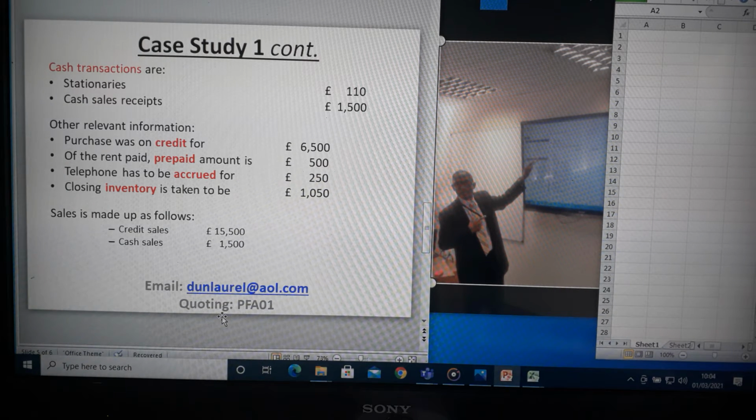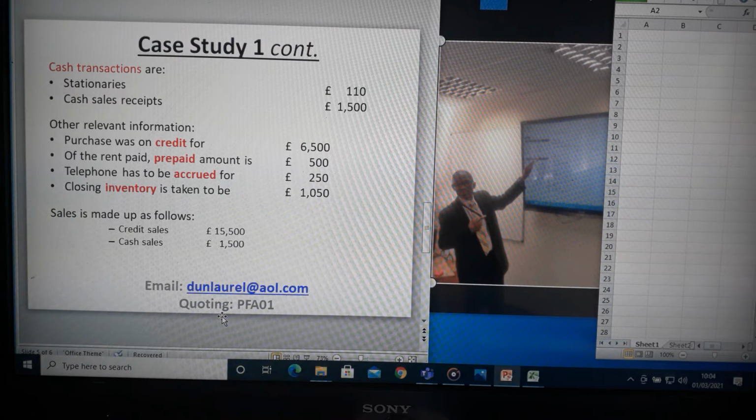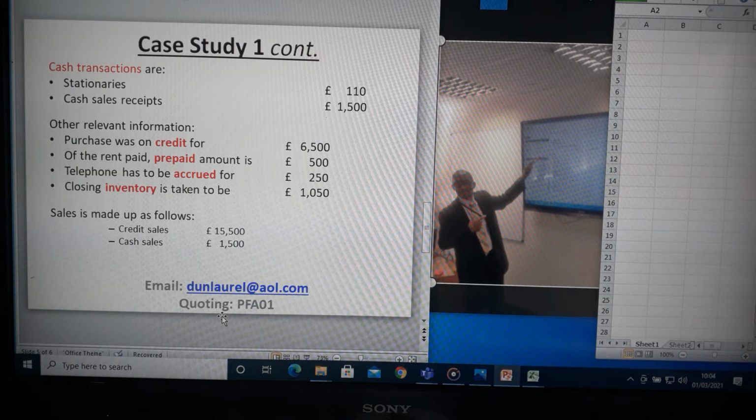Other relevant information: her purchases were for 6,500 on credit. She was able to do this probably because of her good credit position or being trustworthy. You need to be trustworthy and deal with your business associates diligently. In that way you can get credit from them, thereby having an interest-free loan.